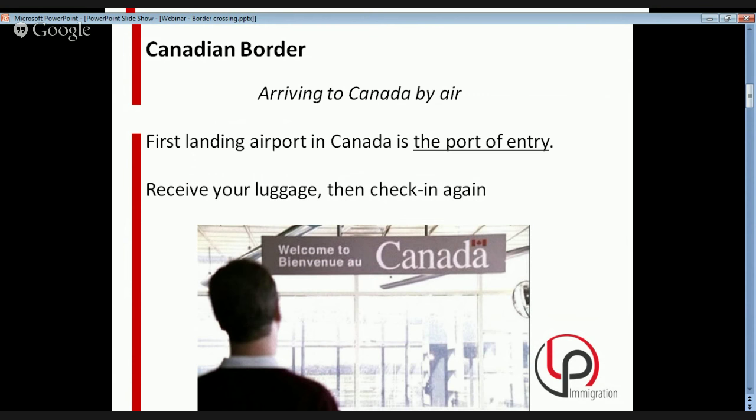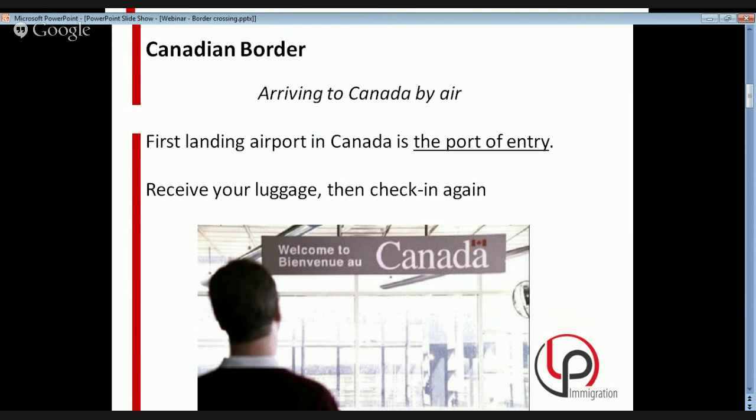If your Canadian-bound flight has a connection in Canada, be prepared to receive your checked luggage at the very first Canadian airport. You will have to take it with you through customs and then check it again for the connecting flight to your destination if you have one.